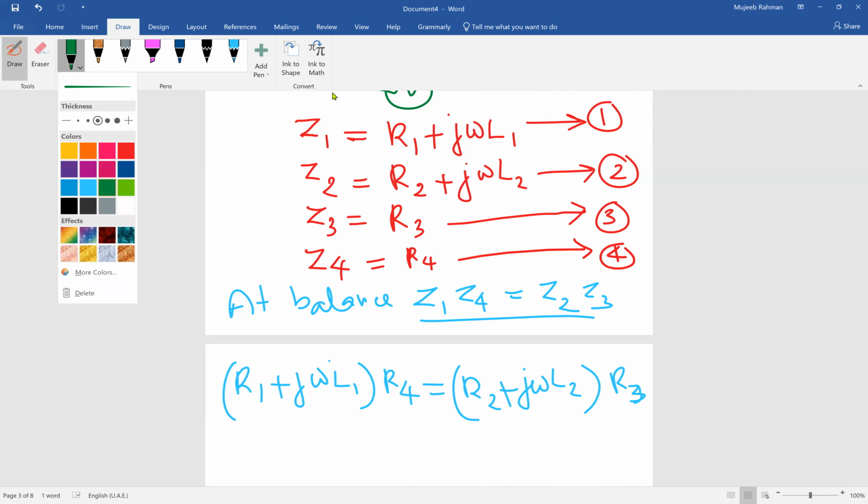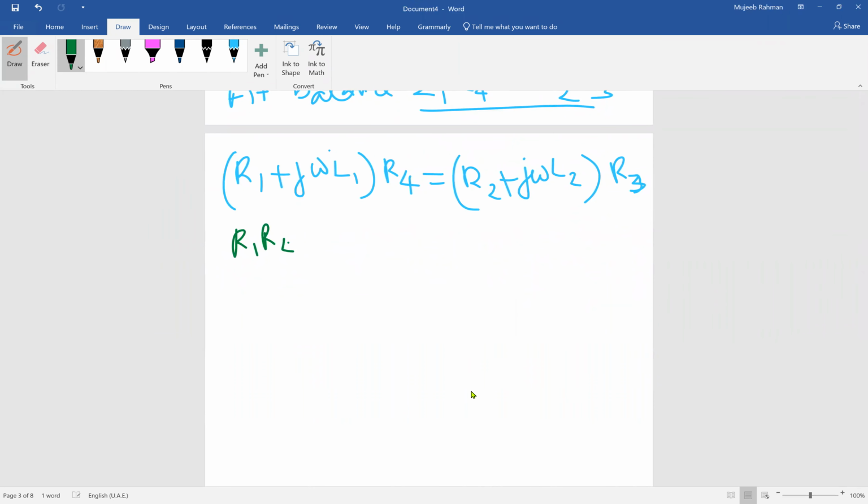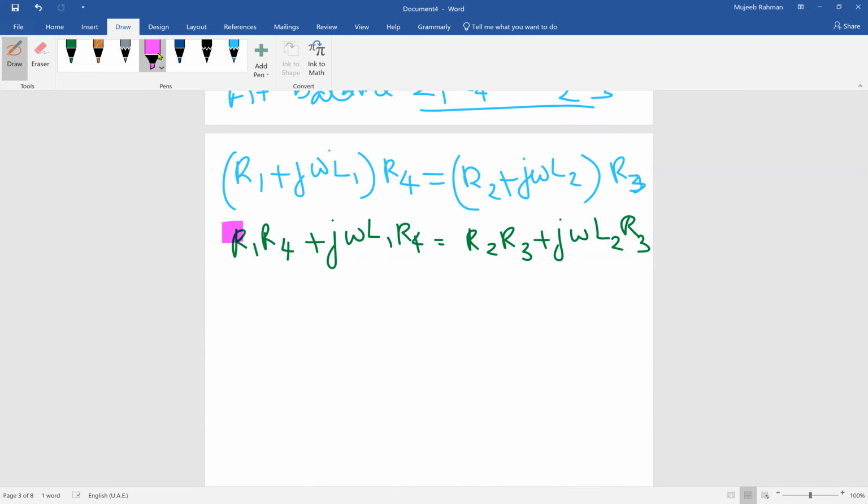We will try to expand it further. If you open the brackets, we have R1 R4 plus j omega L1 R4 equal to R2 R3 plus j omega L2 R3. Now this equation consists of a real term as well as an imaginary term. We separate the real terms and the imaginary terms. The real term: R1 R4 is equal to R2 R3.